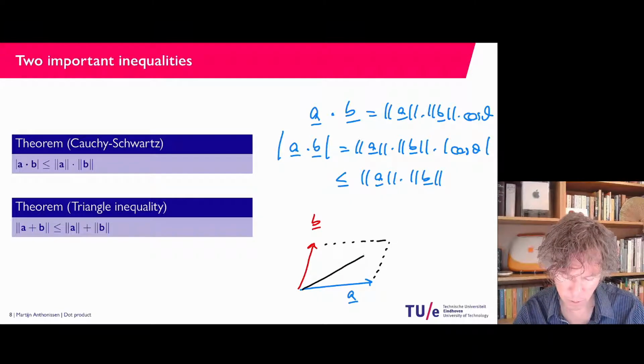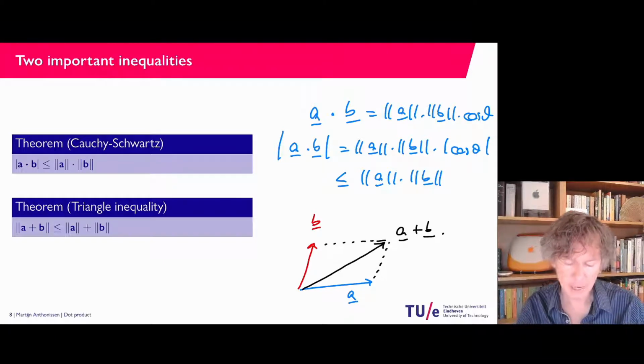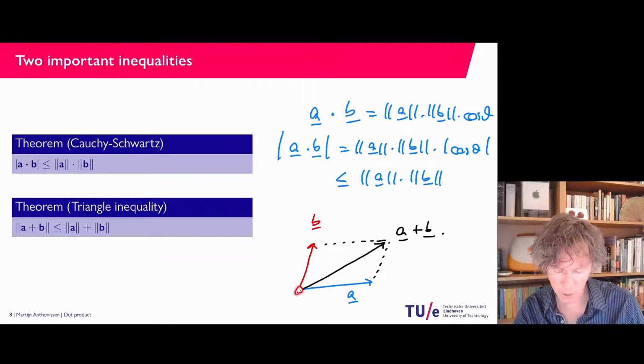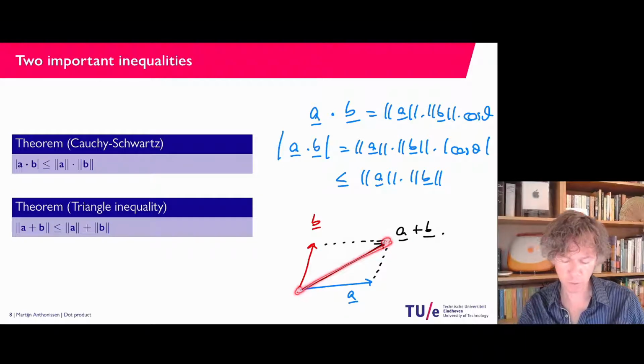So here we have A plus B. And basically what this triangle inequality tells you is if you start here and you want to travel here, this is the shortest path. Because if you walk directly, you have a certain length. And if you do first this length of A and then this, which is length of B, then it takes you longer. And the only situation you can imagine when they're the same is if A and B are parallel. So then you would have an equal sign here, and otherwise it's a smaller sign. So that is what the triangle inequality tells you.